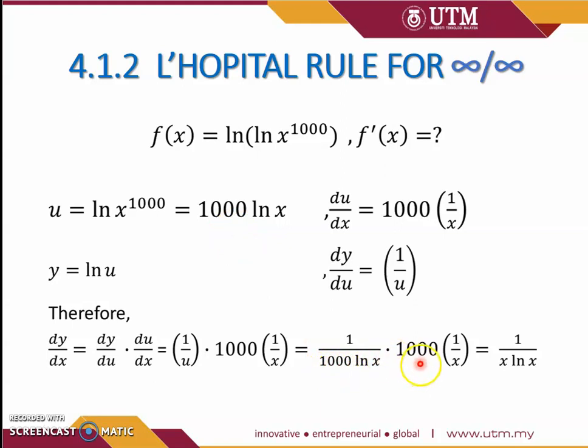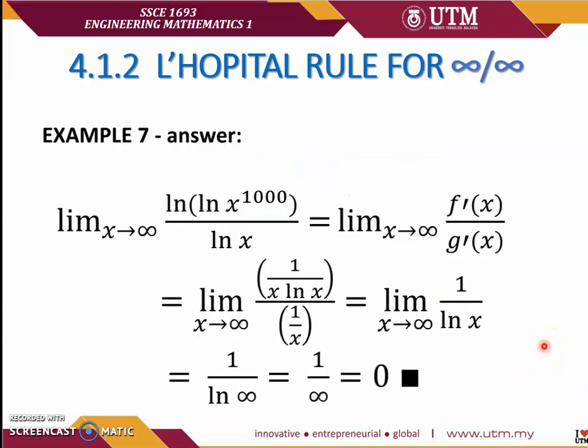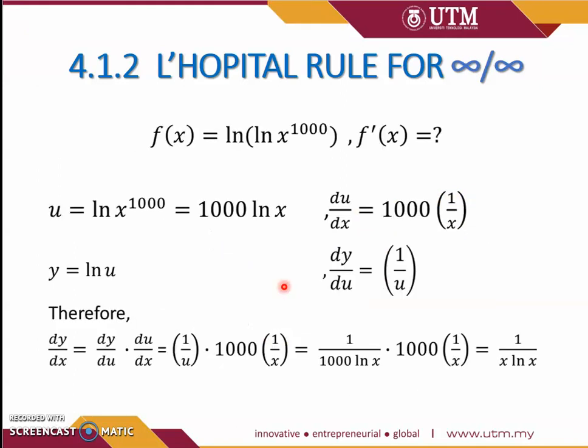We need to multiply with 1000 times 1 over x. We need to simplify this. We can cancel out the 1000, so the remaining function is 1 over x ln x. So this is the differentiation for ln x^1000. This differentiation we substitute into the limit here, which is for the f prime(x). Okay, so that's it. Thank you very much.